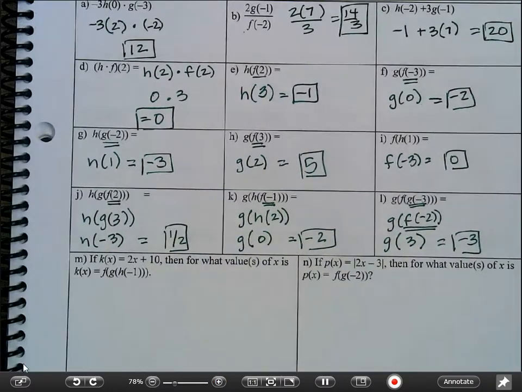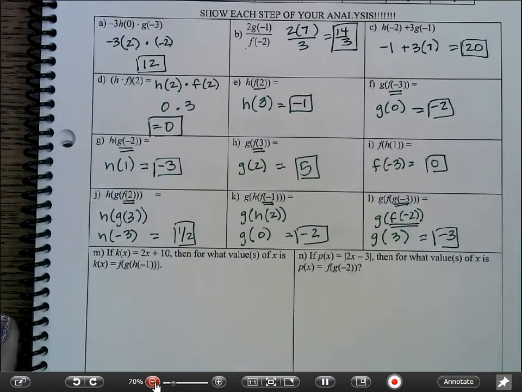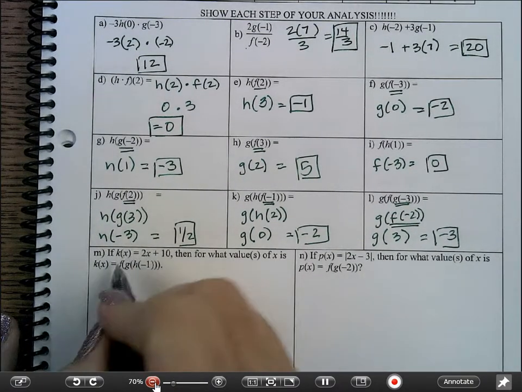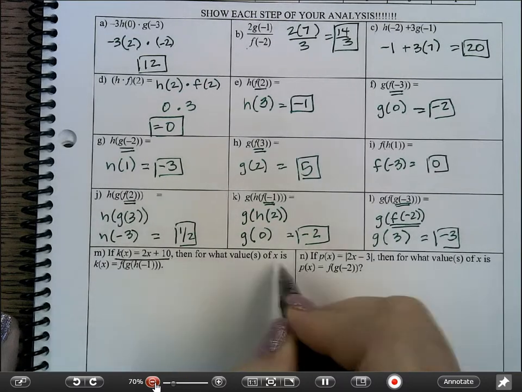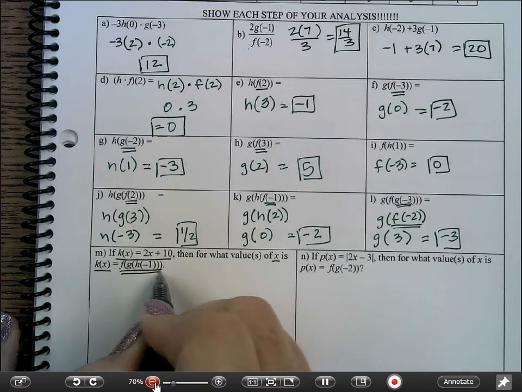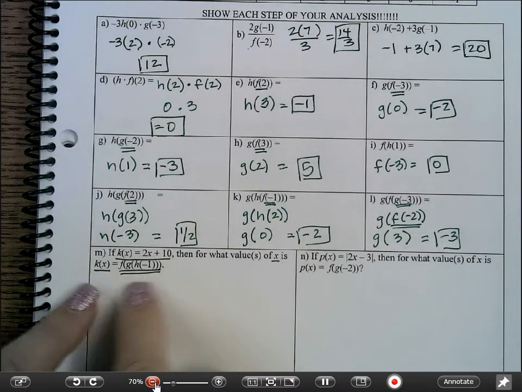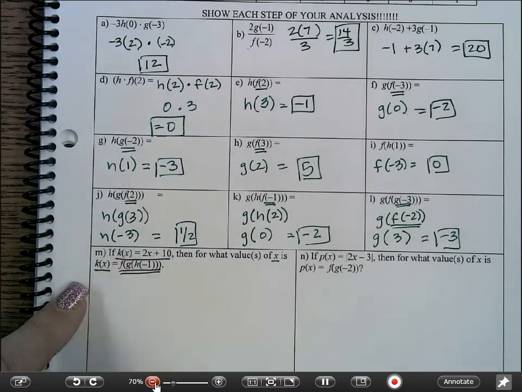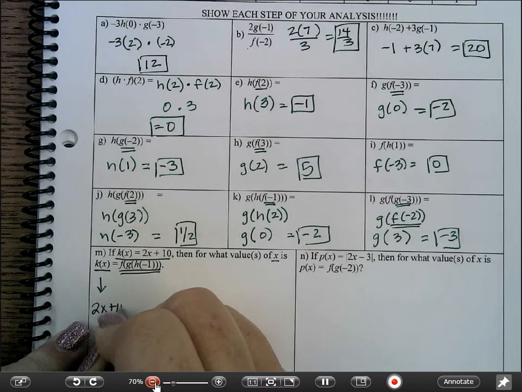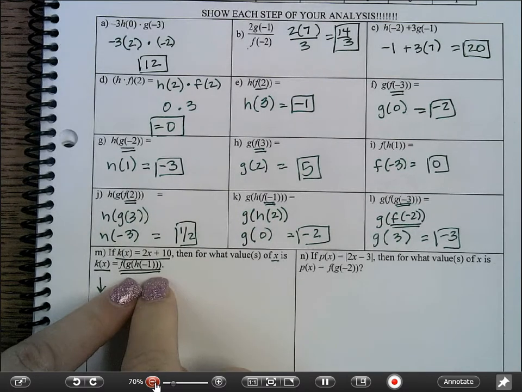All right, so let's take a look at M. It says, if k of x is equal to 2x plus 10, then for what values of x is k of x equal to this function right here? So we've got k of x is 2x plus 10, but we need to figure out what this value is right here.